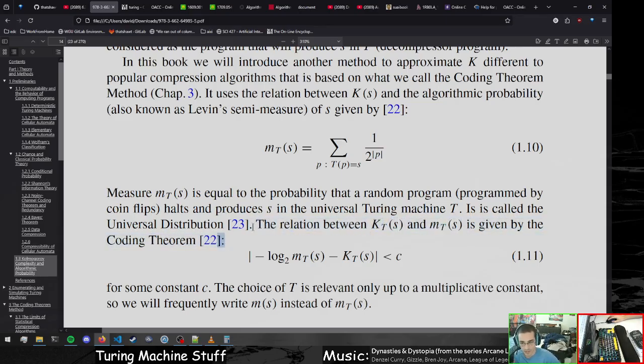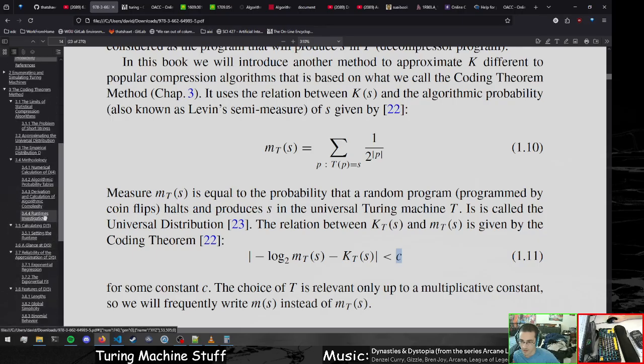You approximate it. That's what we're doing. We're just checking all the Turing machines, and then we plug it into here to get the something majigger, and then it's going to be added by a constant. It'll be a difference.